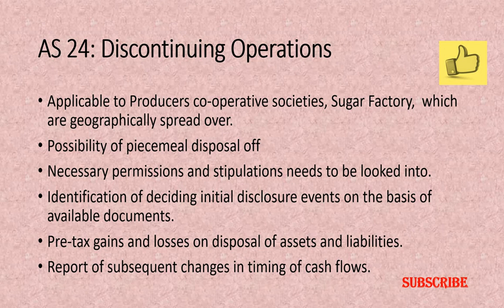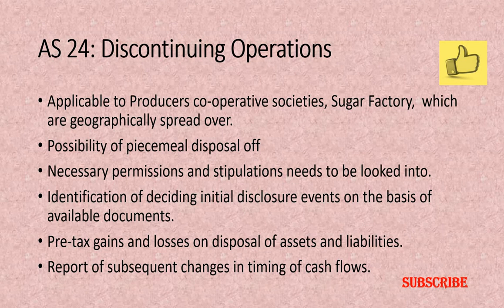The point here is the discontinuing operations trigger. It should be carefully estimated with respect to the spin-off here. The pre-tax gains and losses on disposal of the assets or liabilities, how they are arrived at, and the tax and tax expense should be considered carefully.